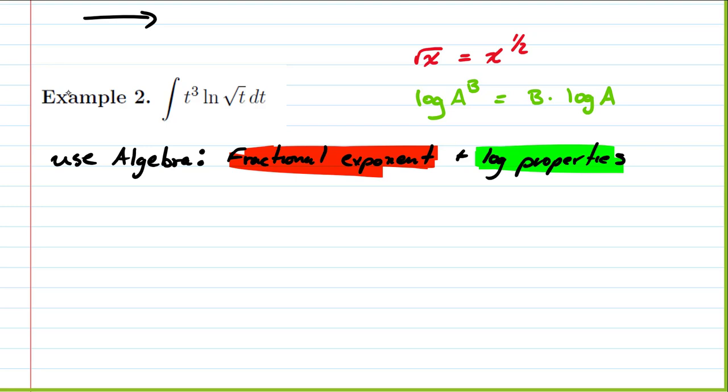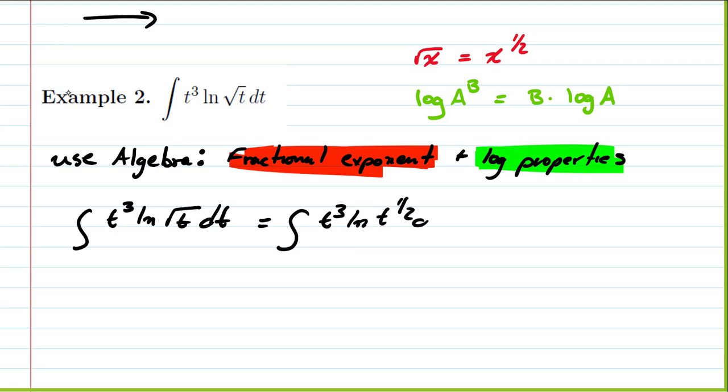So using these two properties, we get that the integral of t cubed times the natural log of the square root of t dt would be the same as the integral of t cubed times the natural logarithm of t to the 1/2 dt, and then bringing the 1/2 out in front, we can pull the constant right out of the integral.